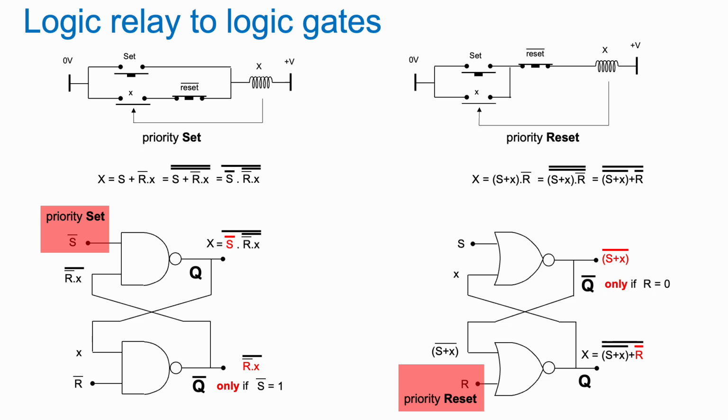For the RS NOR, Q bar is a real Q bar only if R equals 0. If R bar equals S bar equals 0, then Q equals Q bar equals 1. And if R equals S equals 1, then Q equals Q bar equals 0.